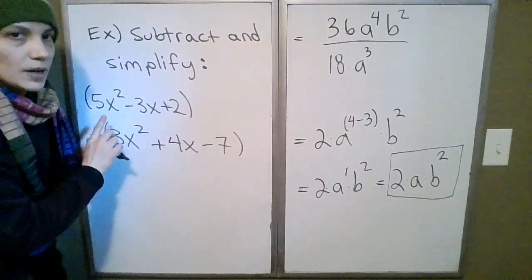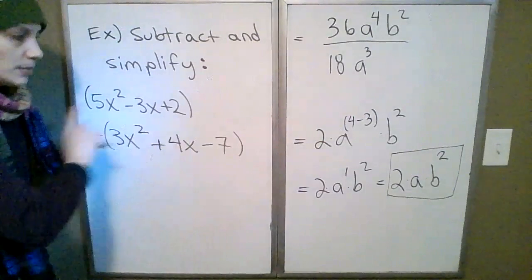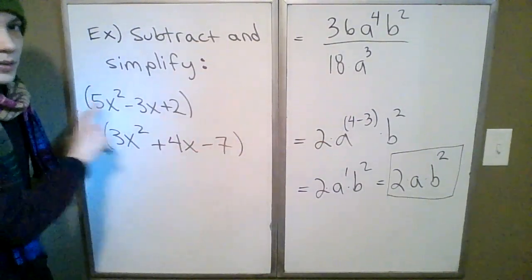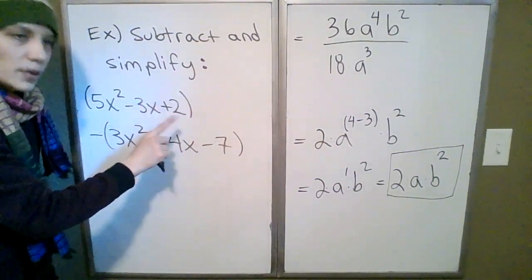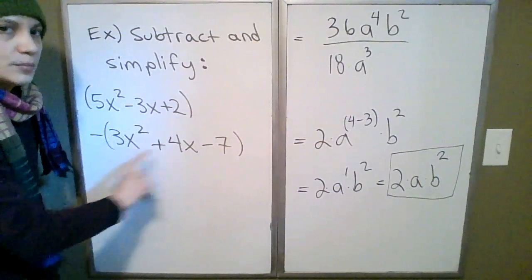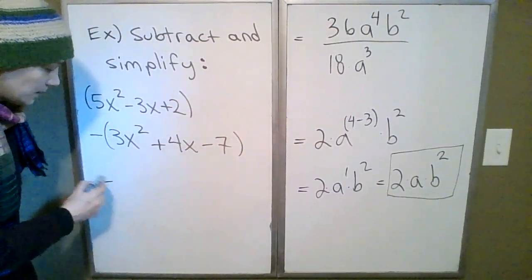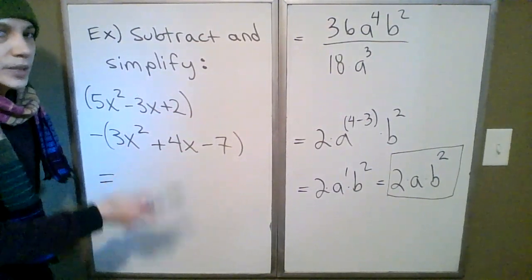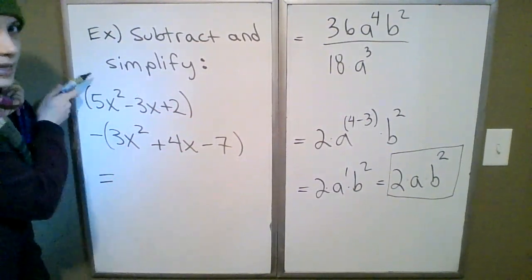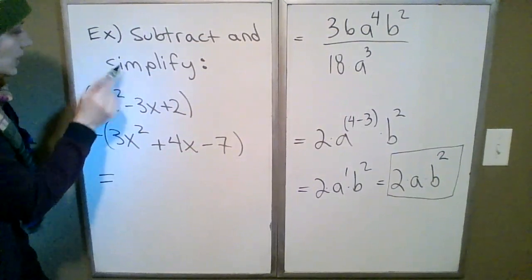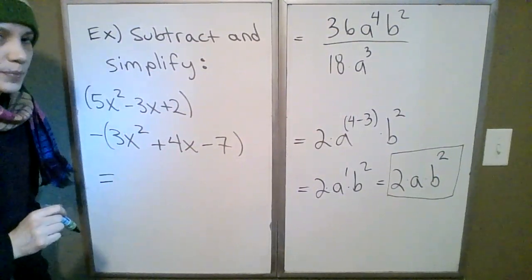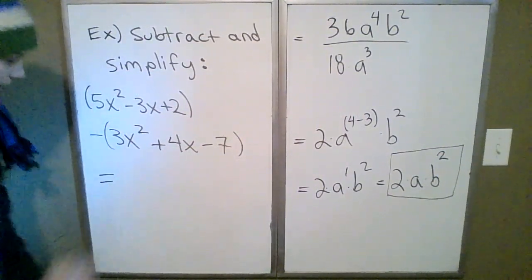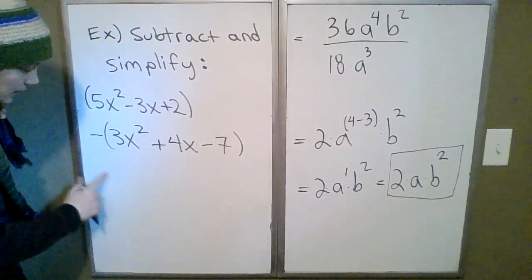On my paper, I have it all written straight across, but we're going to do this polynomial, subtract that polynomial, and then once we distribute that negative sign, we can combine like terms, and that will be how we simplify this expression. So let's do this.